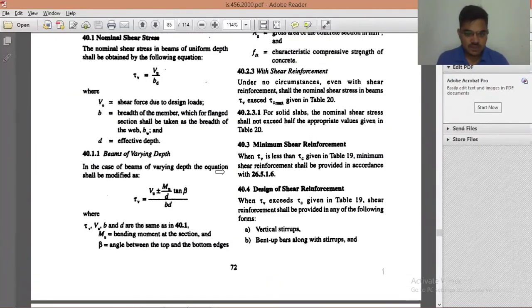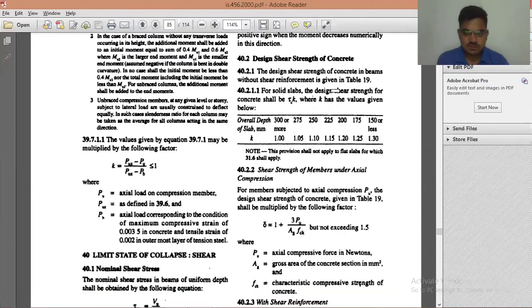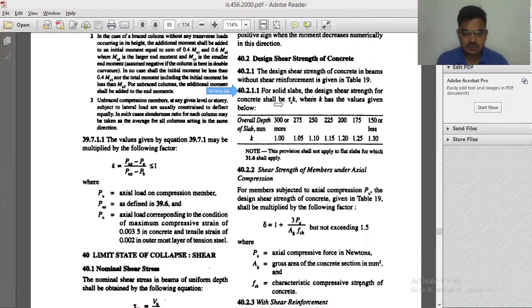The value of tau c dash, okay, the design shear strength of concrete in beams without shear reinforcement, in table number 19. Design shear strength for concrete is tau c into K. The value of K is given below. The K value depends on the overall depth of slab.